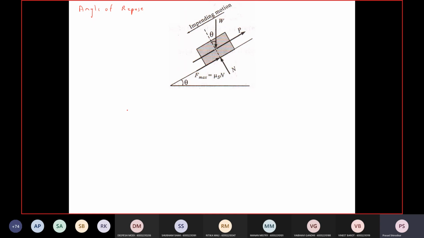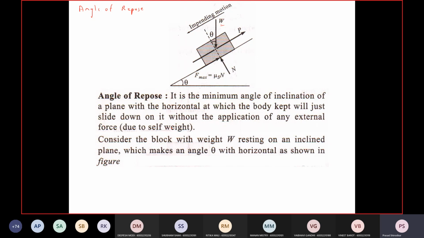So you can consider a block of weight W on this inclined plane which makes an angle theta. When theta is small, the block will be at rest. And as you keep on increasing the angle theta, at a certain angle this block will slide due to its own weight.